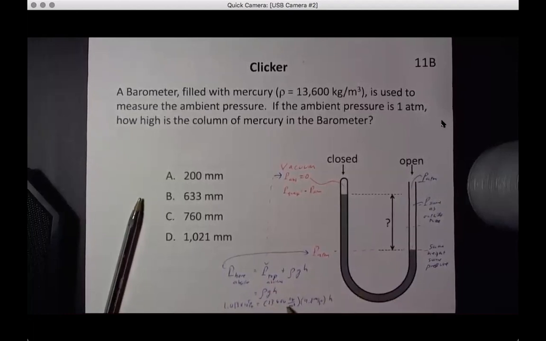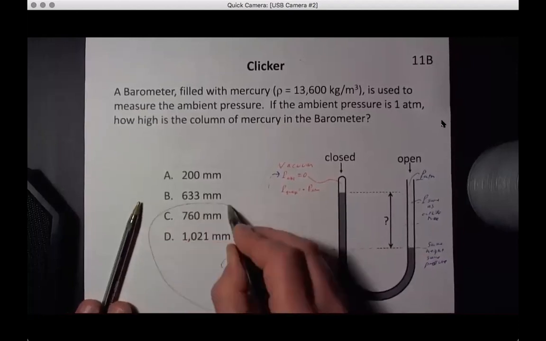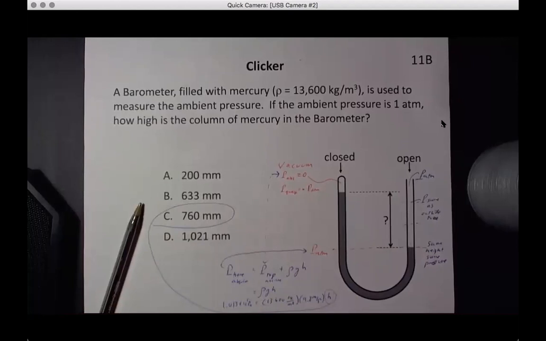So we divide both sides by these, and we get h. And h from that turns out to be 760 millimeters.